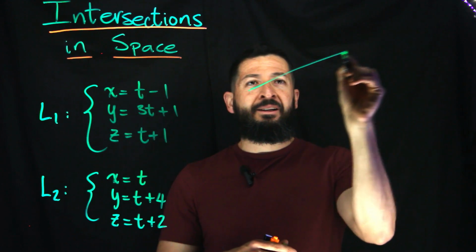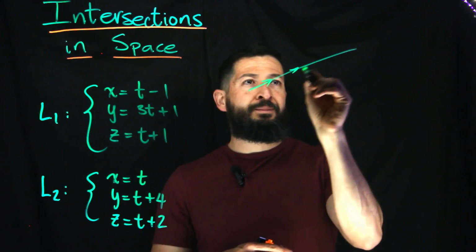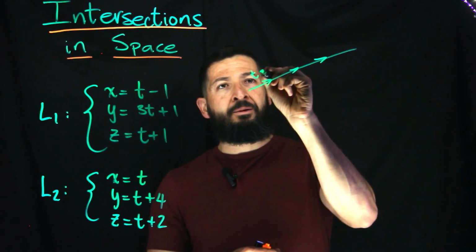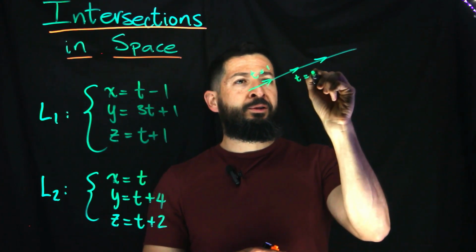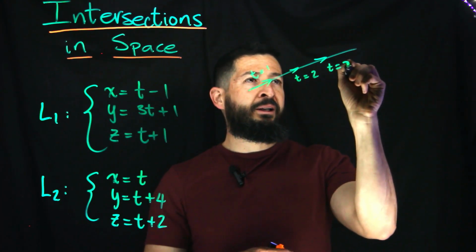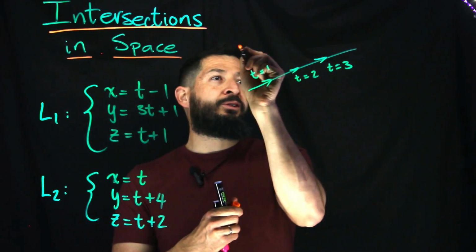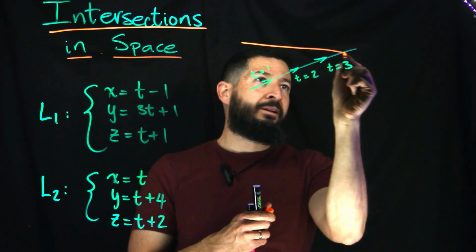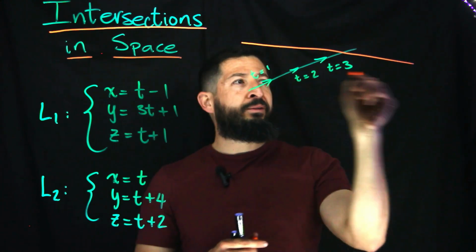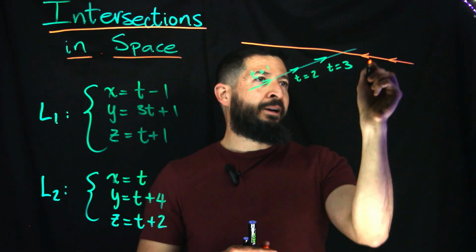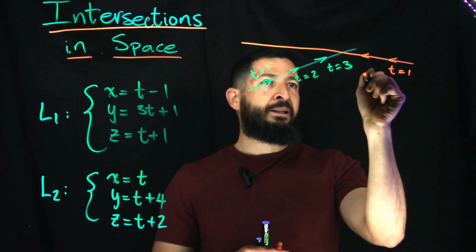Let's say you have a line here, and it's going to be parametrized. And you have here t equals 1, t equals 2, so it's going in that direction, t equals 3, or whatever. And then you have another line, and they do intersect somewhere here. However, this line goes in this direction now, and you have t equals 1.